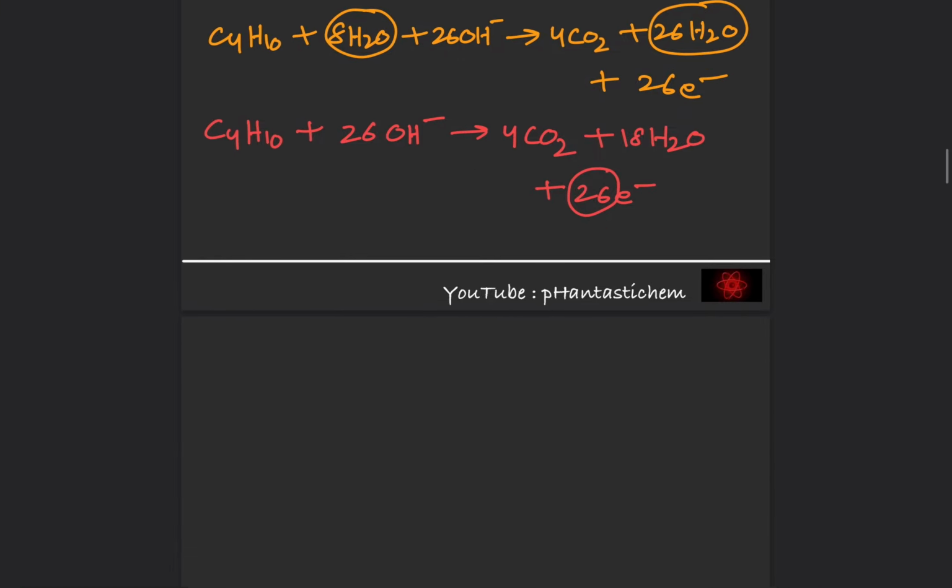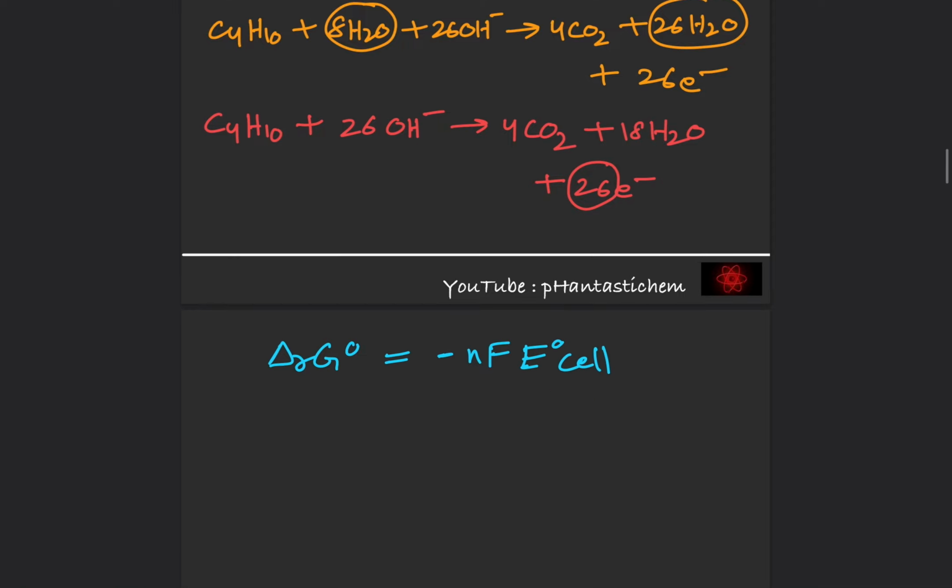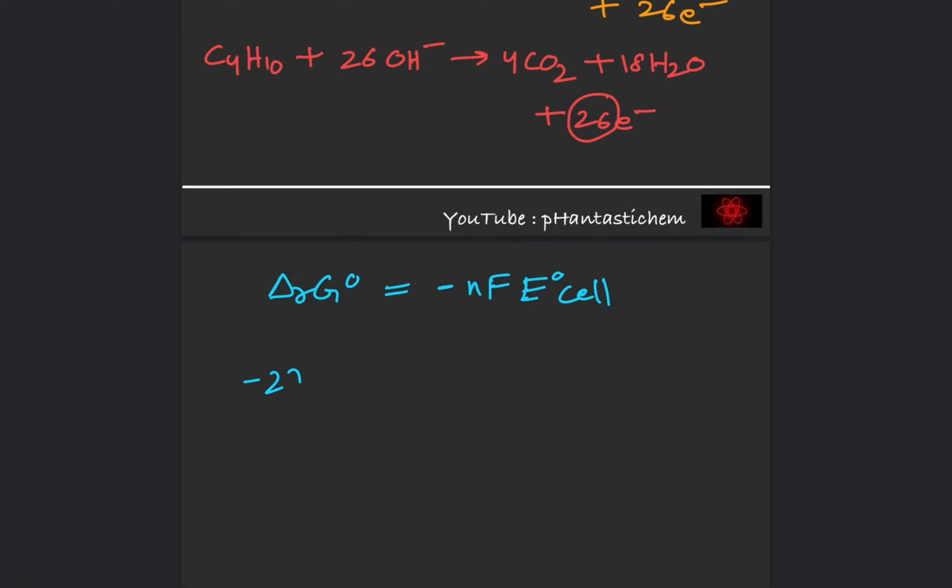So now we know that delta r G naught is equal to minus nF E naught cell, and delta r G naught is minus 2743 kilojoules per mole, and n is 26, so 26 into F into E naught cell. They have given us in the question as X by F into 10 power 3 volt.